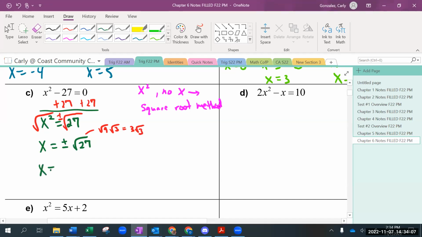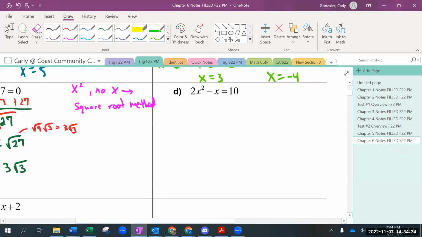So my final answer will be plus or minus 3 rad 3. Notice that the highest power of x is x squared, and we are expecting 2 answers. And in fact, there are, because we get positive 3 rad 3 as a solution and negative 3 rad 3 as our other solution.